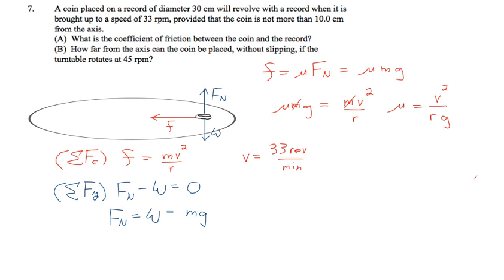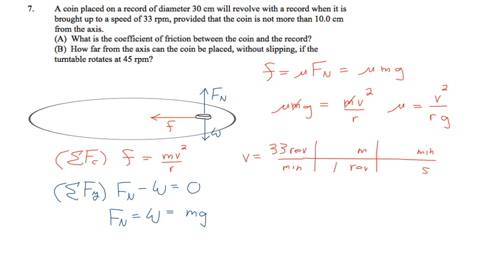I say that because I have people come up to me during the test asking, what's RPM? Is it revolutions per minute or radians per minute? Revolutions per minute. So I'm going to extend the line. I'm going to go from revolutions to meters because I want meters per second, and I'm going to go from minutes to seconds. One revolution would be how many meters? 2 pi r, right?